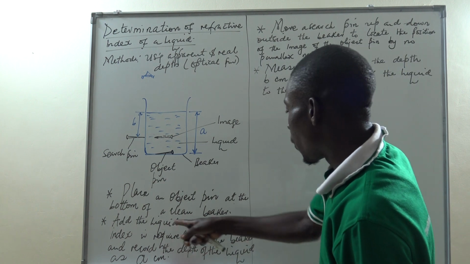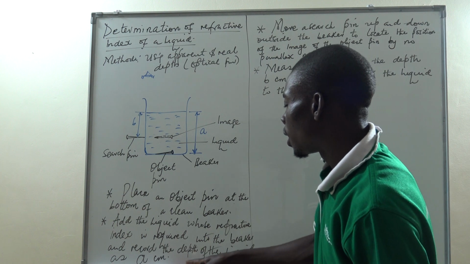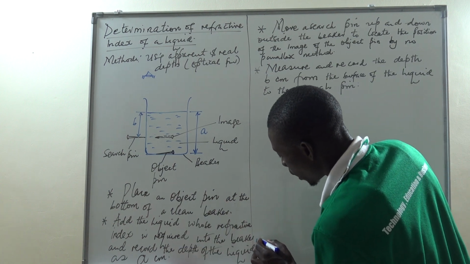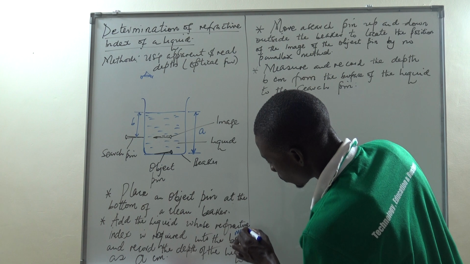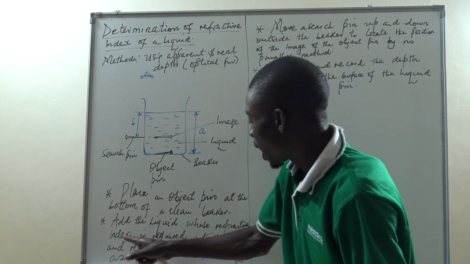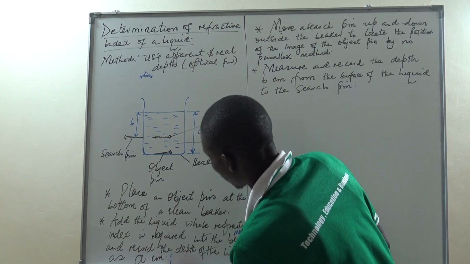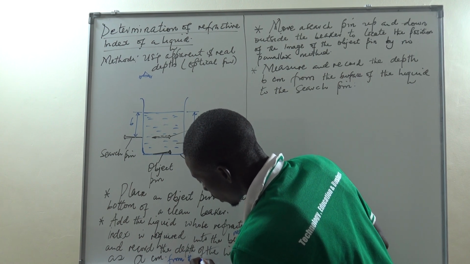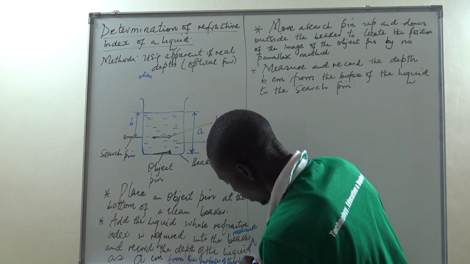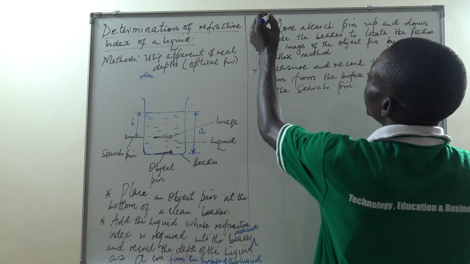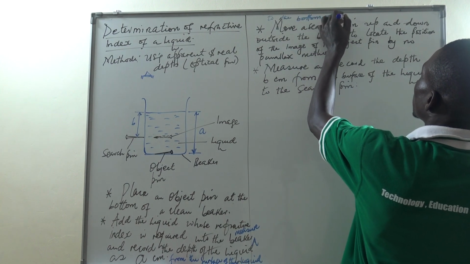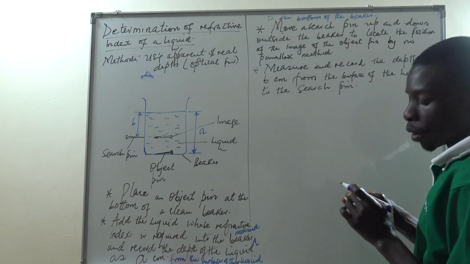If we add the liquid whose refractive index is required into the beaker, you should measure and record the depth of the liquid as A. It should be measured from the surface of the liquid to the bottom of the beaker. So you should be very careful when you're describing that.